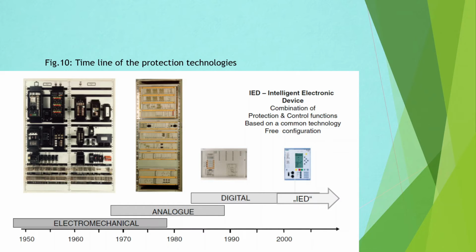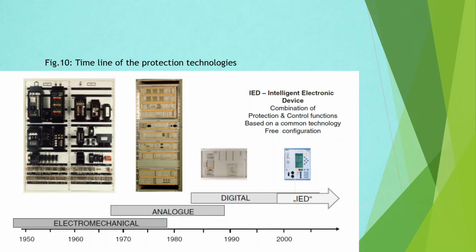The protection technology has also changed within the last few decades from the electromechanical relay scheme completed on panels to analog protection cubicles to digital protection devices and intelligent electronic devices, as shown in the figure. The protection cannot avoid disturbances but minimizes the consequences through rapid, secure and selective disconnection of the faulty equipment, automatic reclosing for supply recovery in case of transient failures, logging and recording the disturbance and supporting a fast network recovery.